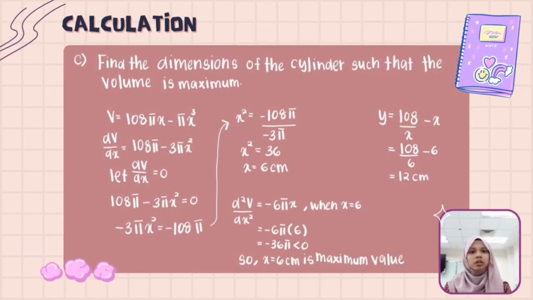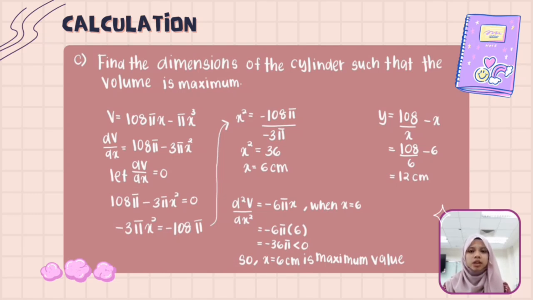The solution for problem statement number 3: the equation of volume is 108 pi x minus pi x cubed. So we need to differentiate the volume, which is dV over dx equal to 108 pi minus 3 pi x squared.